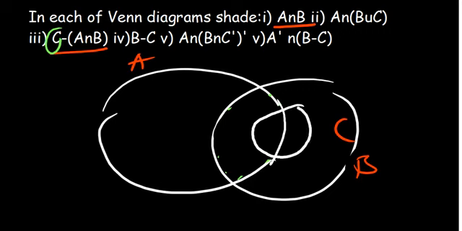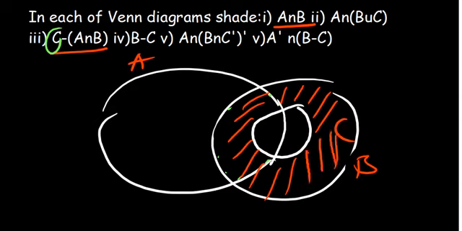When you say B minus C, you're interested in the region that is part of B, excluding C. So B without C. It's the region in B without C. Remember C is the smaller set inside B. So the outer region excluding C, outside that, within B, is what we use for B minus C. B minus C means B without C.